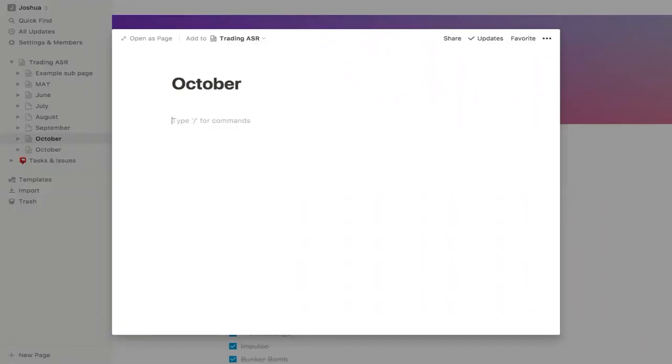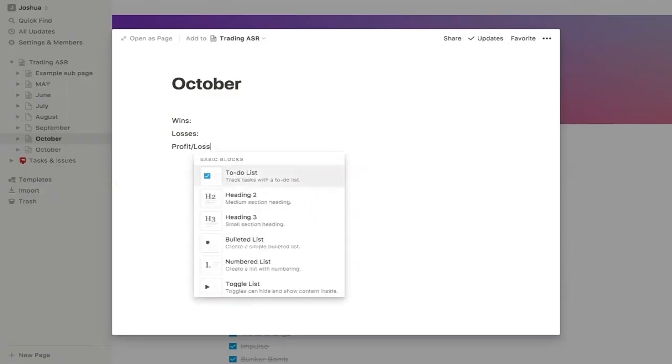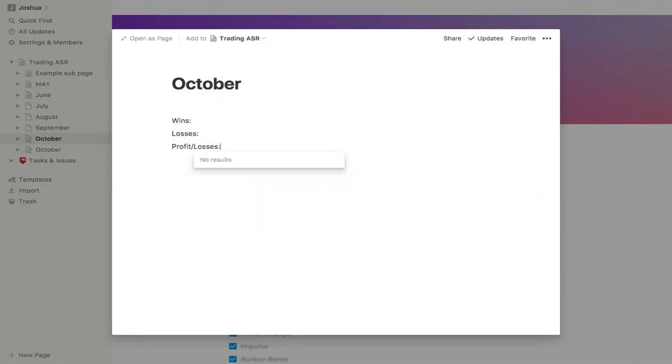Okay, now we want to put in what we want at the top of the page, which would be wins. So how many wins we took that month, how many losses. Then we want to put in profits/losses. You put that in, and then that will give you your total.